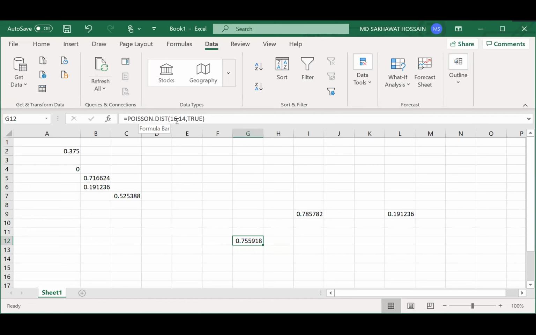Oh, I made a mistake, I think. The first number is x. The first one is not the mean. So the first number will be x, so 14, comma, be careful when you calculate this. Then 14, comma 16. The middle number is the mean. Now we have 0.367. Yes, this is correct now. 0.367.